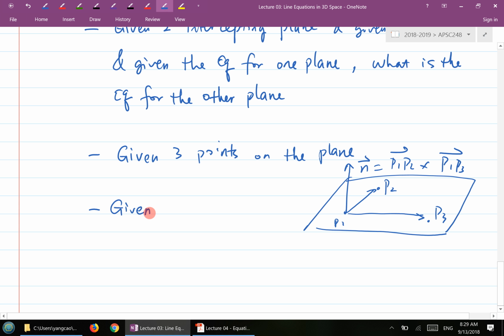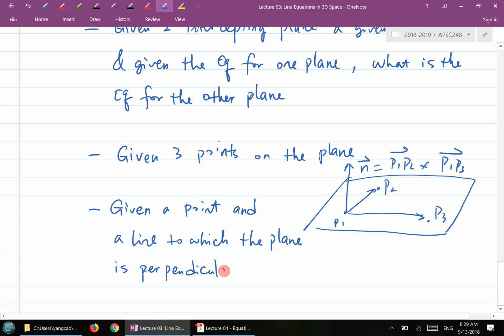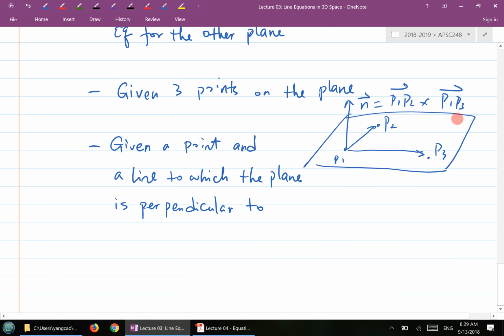And this next one here we probably cannot solve for now, but once we learn line equation, we'll be able to do that. So given a point on the plane and a line to which the plane is perpendicular. Okay, so what this means basically is this is the plane you're looking for.